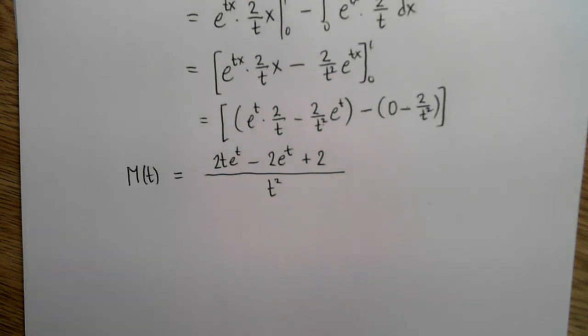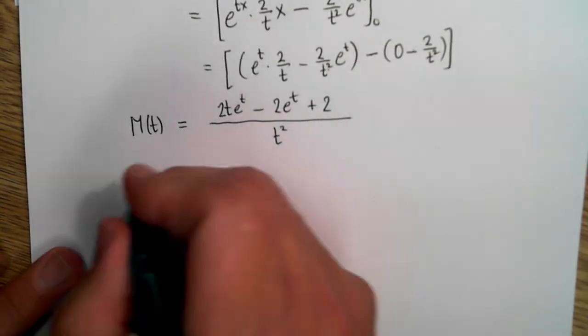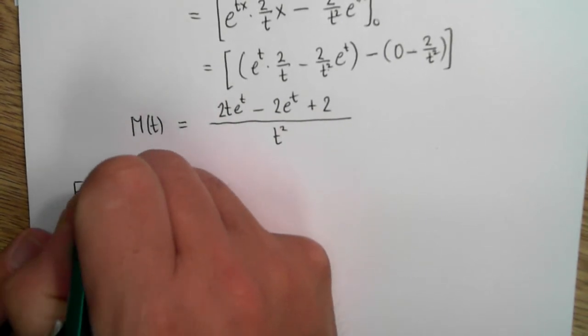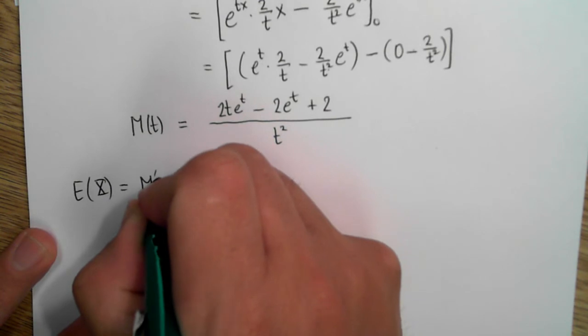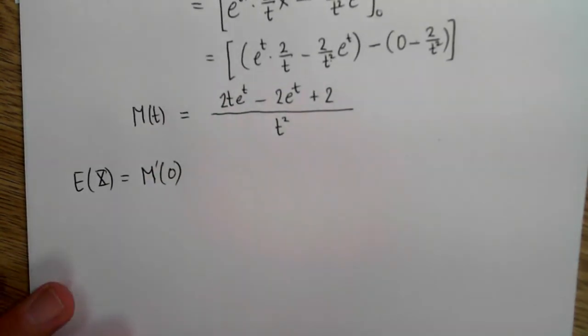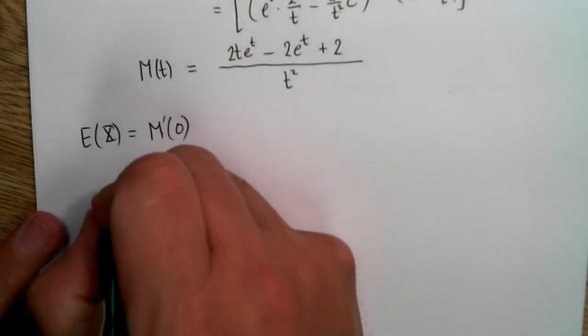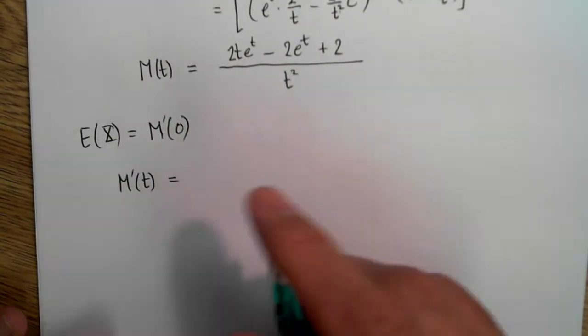Now, to find the expected value from this, we use the property. This is why this is called the moment generating function. The expected value of x is equal to the derivative of the moment generating function evaluated at 0. So let's compute the derivative, and then we plug in 0.